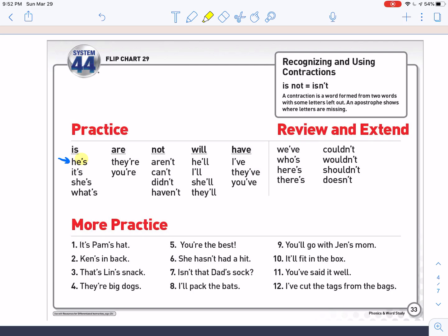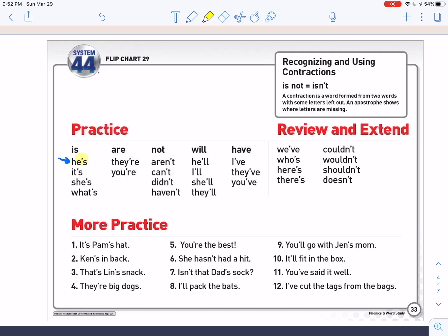Let's read each word on this list together. After each word, we will identify the two words that form the contraction. It's. What are the two words that form it's? It is. Good. She's. What are the two words that form she's? She is. Good. What's. What are the two words that form what's?